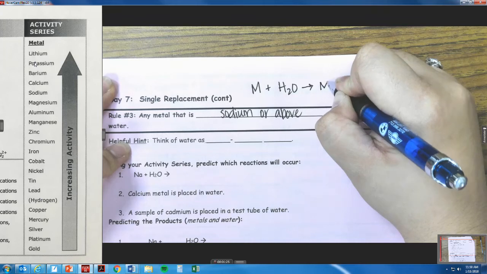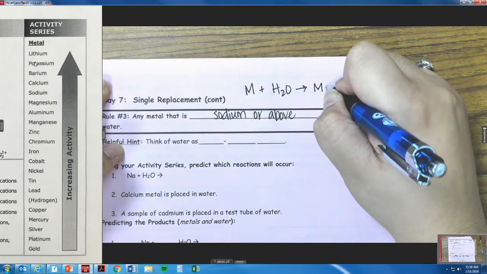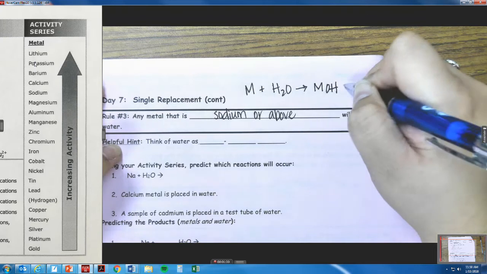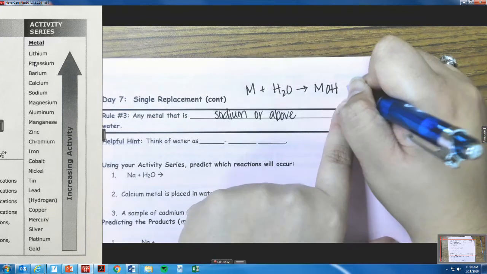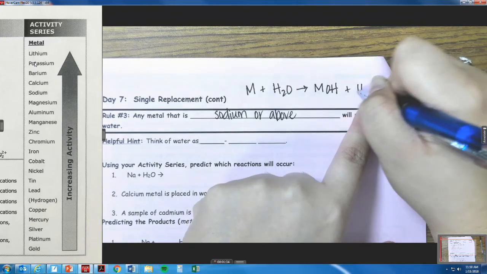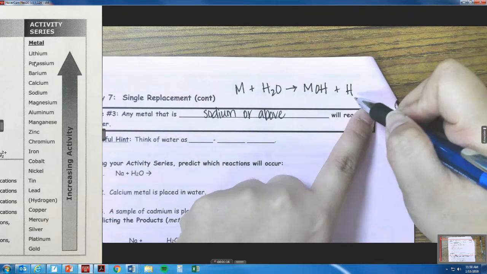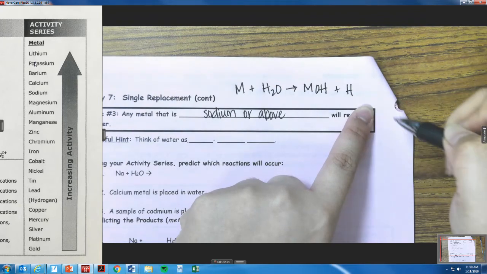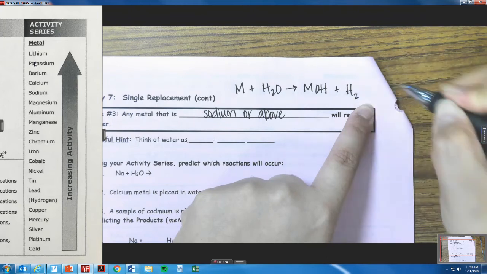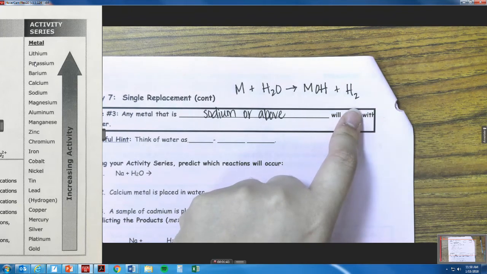So your compound ends up being OH plus your hydrogen. But remember, hydrogen is a diatomic, so it cannot be by itself. So it'll be represented as H2.